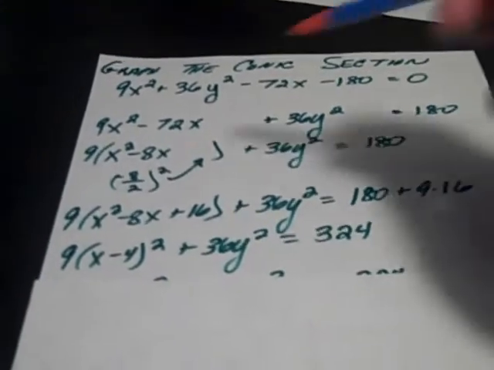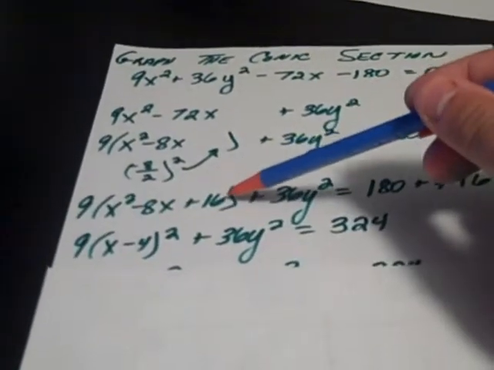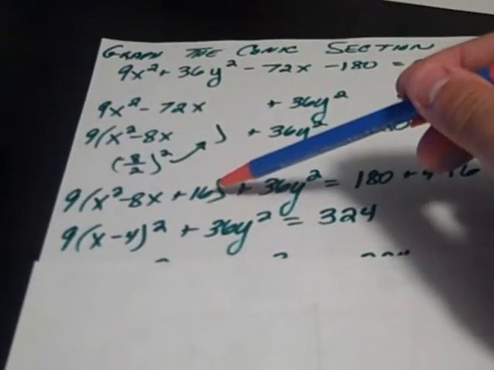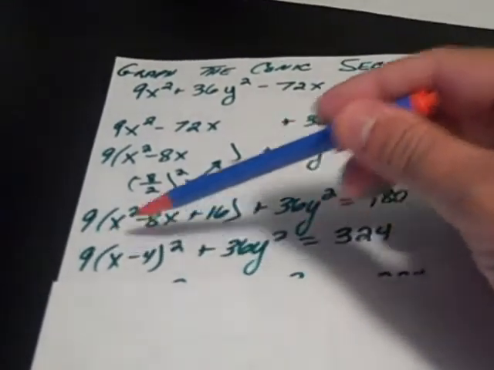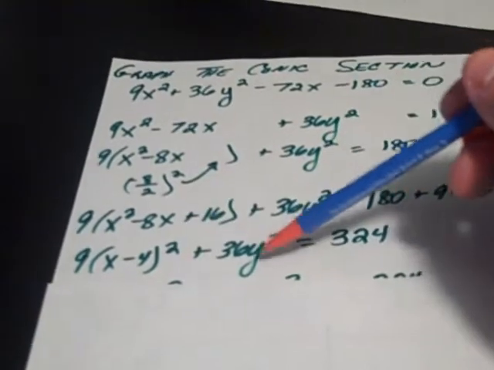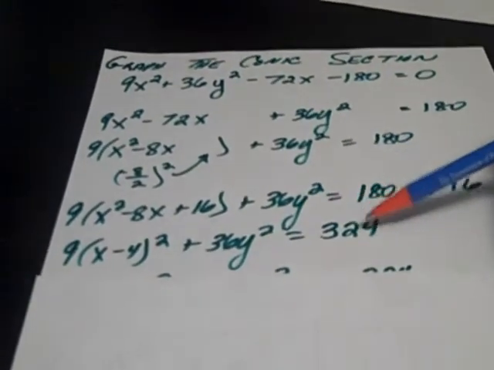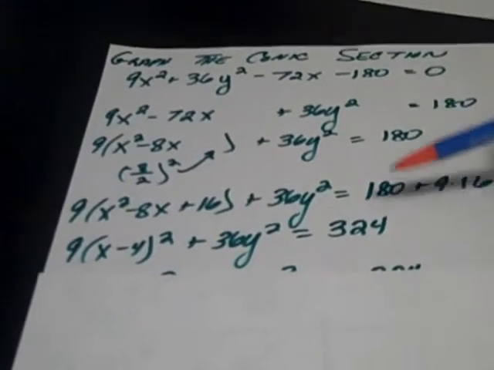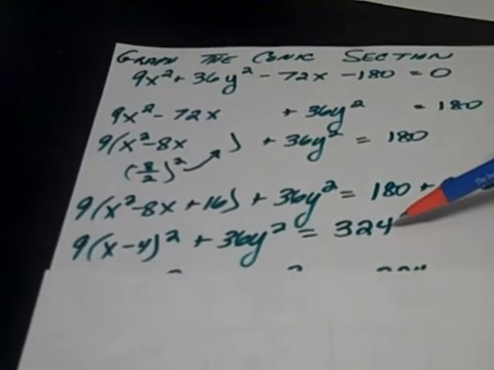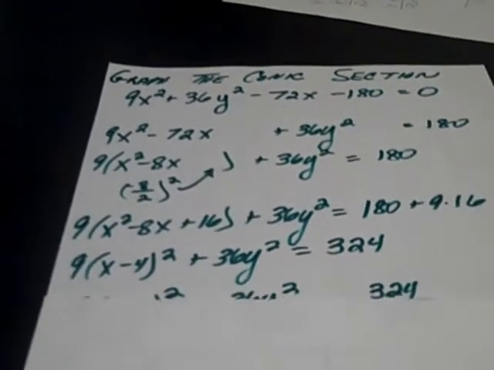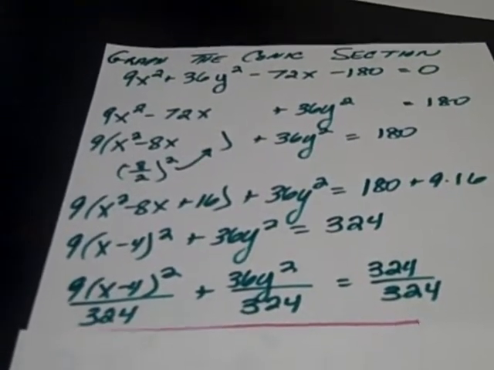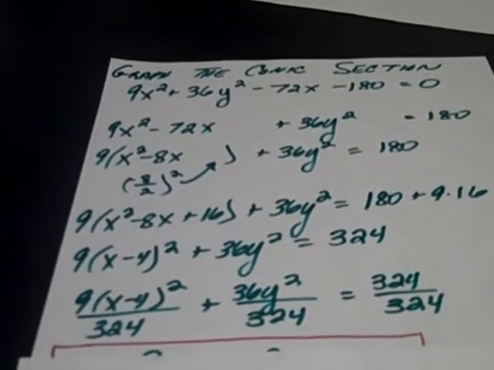Okay. X squared negative 8x plus 16 is now a perfect square trinomial. It's actually x minus 4 squared, so we get 9 times x minus 4 squared plus 36y squared equals 324. If we're going to make this a proper ellipse, we need this number over here to be equal to 1. So we're going to divide everything by 324, which is what we did there.